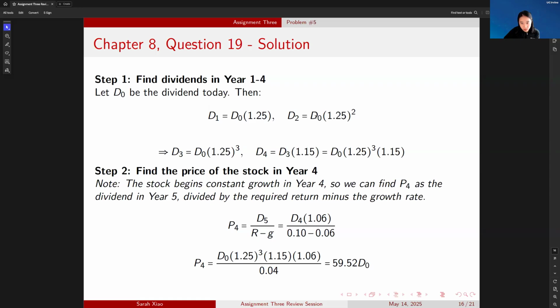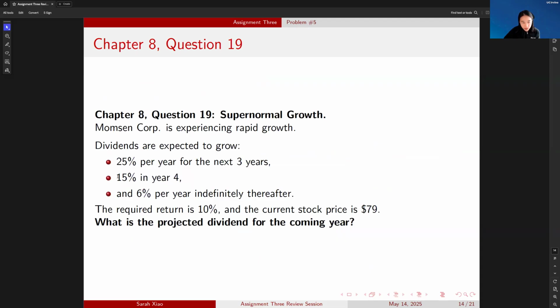And D2 should be D0 times 1 plus the dividend growth rate to the power of 2, which implies that D3 is the same thing, D0 times 1 plus dividend growth rate to the power of 3, and D4 should be D3 times 1 plus the dividend growth rate in year 4. Because here we have a 15% growth rate in year 4.